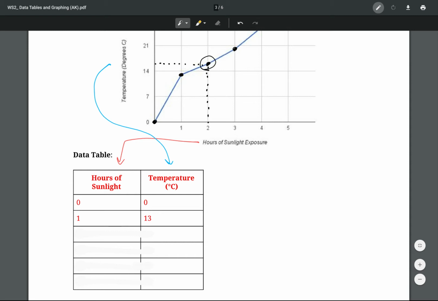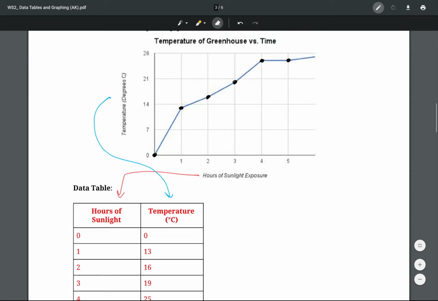It's also farther away from 14 than the last data point. So we can estimate that to be about 16 as far as temperature. And then we just repeat this process for 3, 4, and 5 hours of sunlight exposure, drawing straight lines down to the x-axis and over to the y-axis to see what values that data point corresponds with.